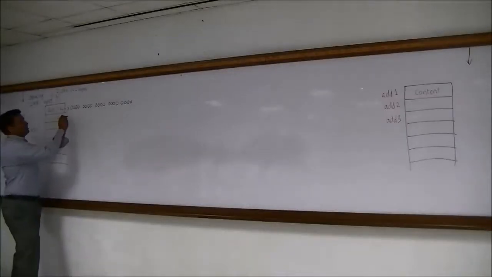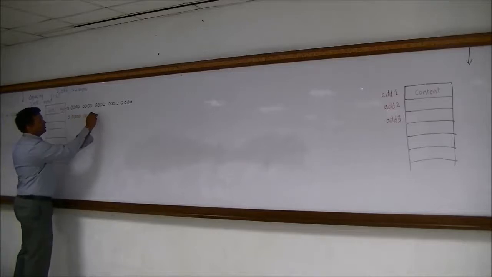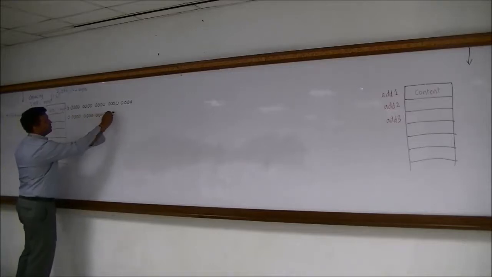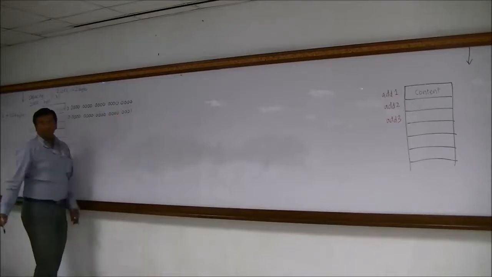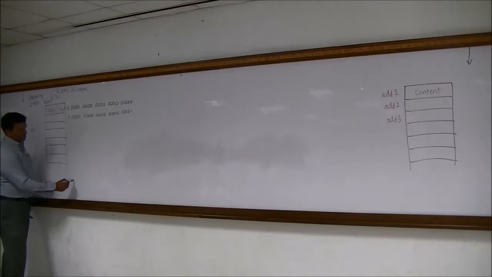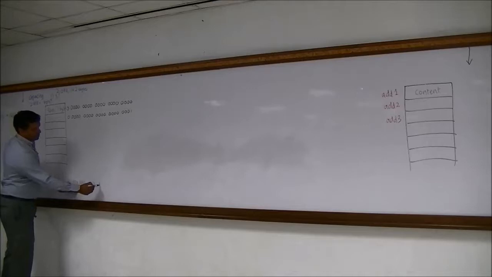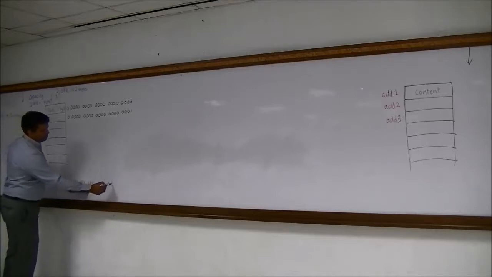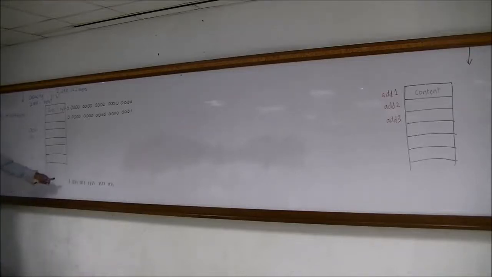The next one will be 0, 0, 1. Like that, you keep incrementing until you get the maximum. So the maximum goes here.